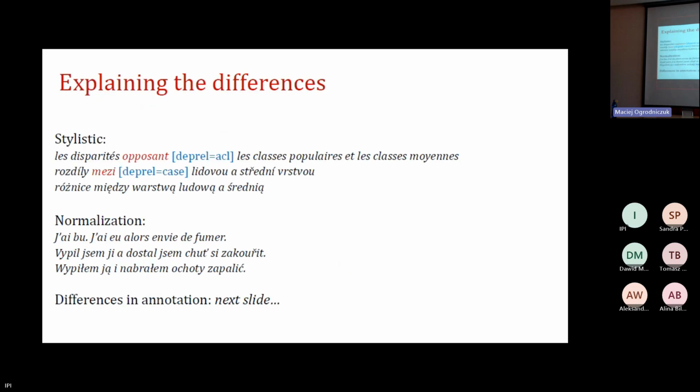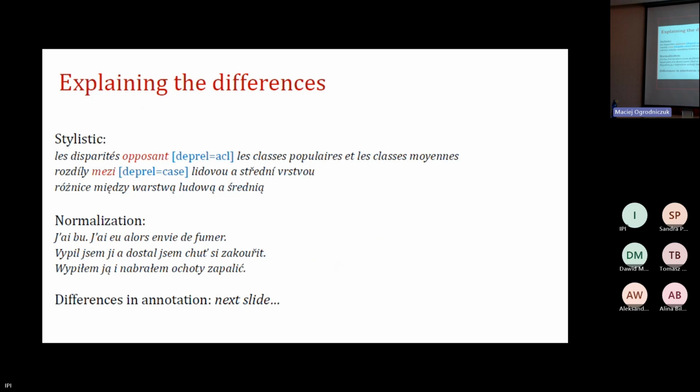So, explaining the differences. Of course there are some stylistic differences. Here you have a preposition, but in French you have basically some deverbal adjective. So that clearly makes the difference between those measures.